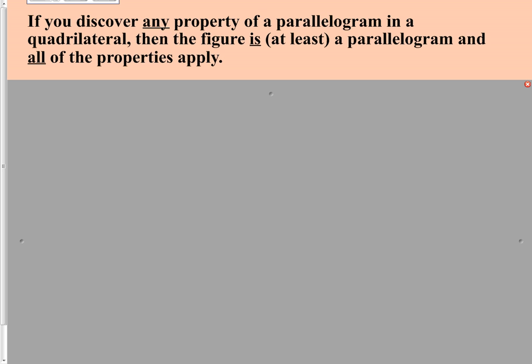The figure is at least a parallelogram and all of the properties apply. Why do we say it's at least a parallelogram? Well, because the shape still might be a rectangle. It still might be a rhombus. We would need more information to go down the rectangle or the rhombus road, but our figure is at least a parallelogram and all of those properties are going to apply.